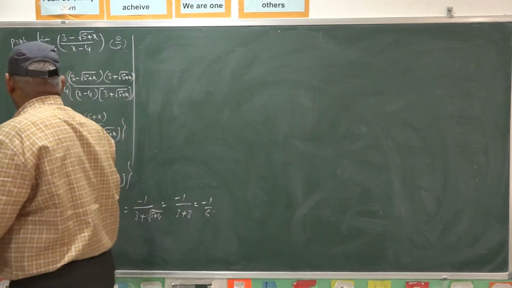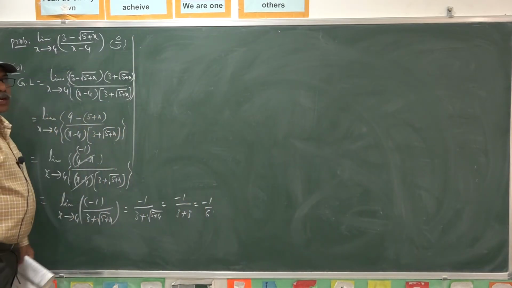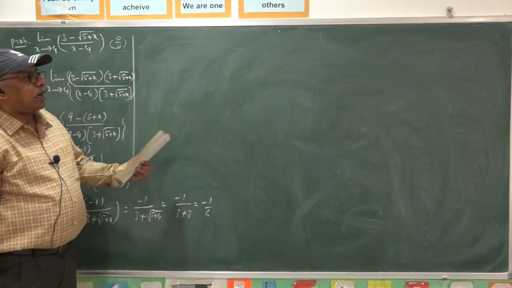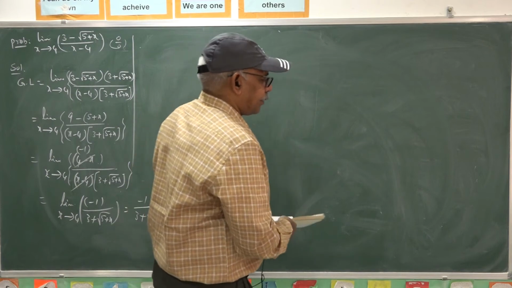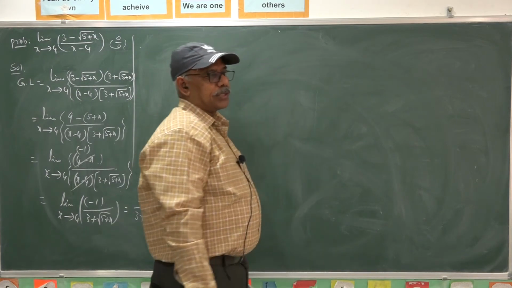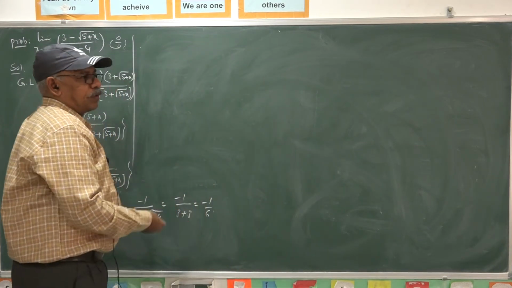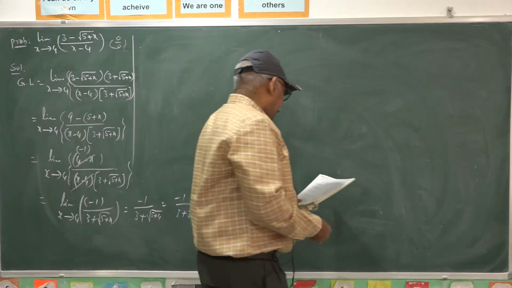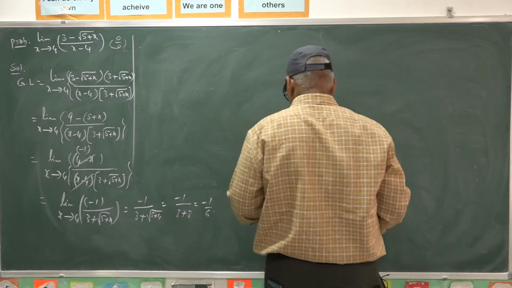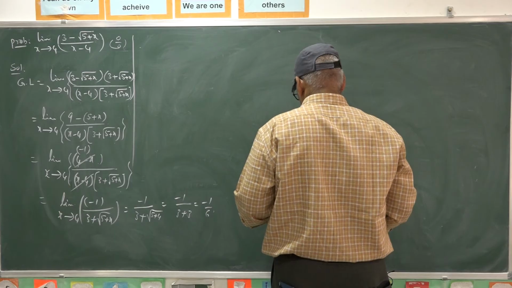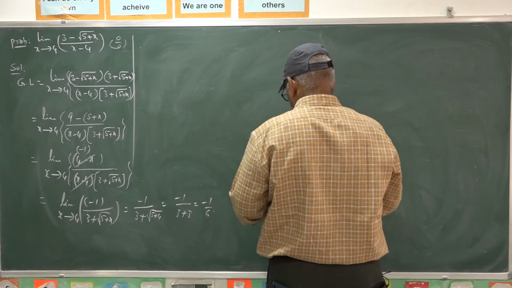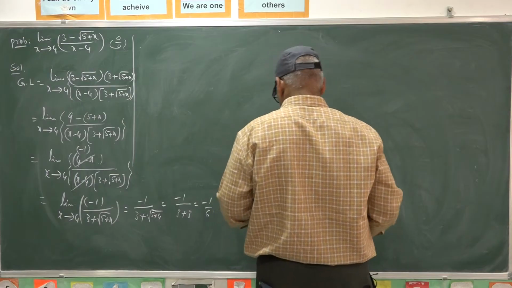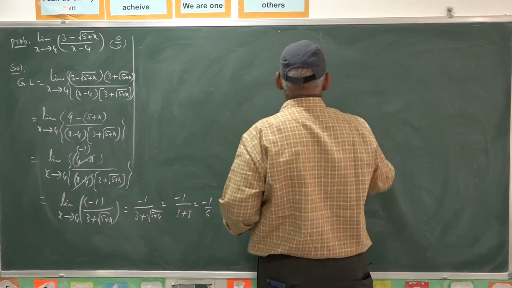Now in certain cases, you can straight away apply the formulas also. Instead of going through the rationalizing procedure, you can apply the formulas. For example, let us consider this limit.